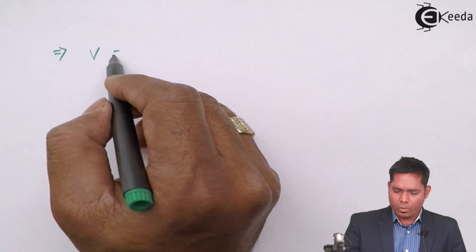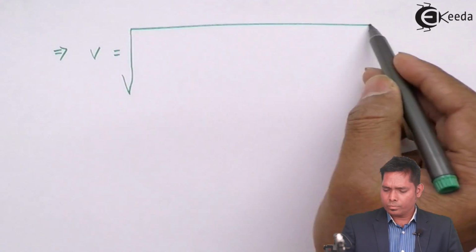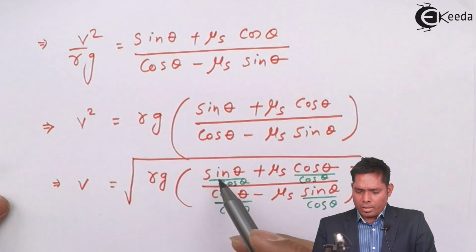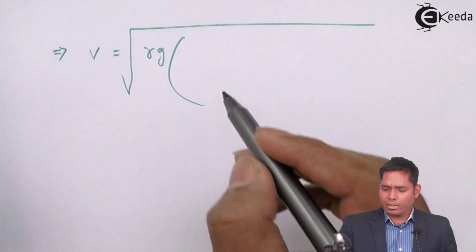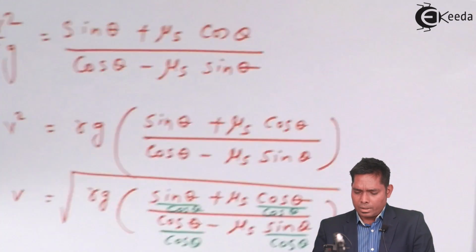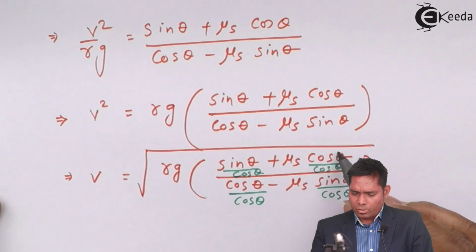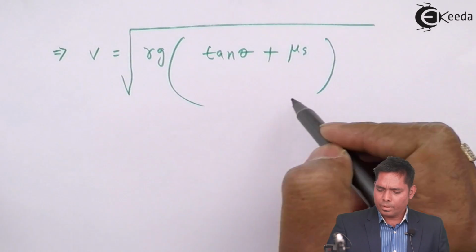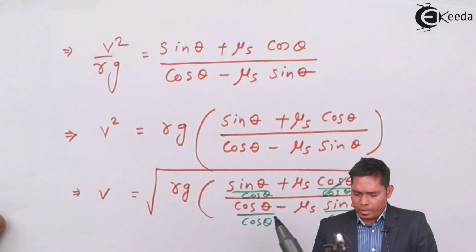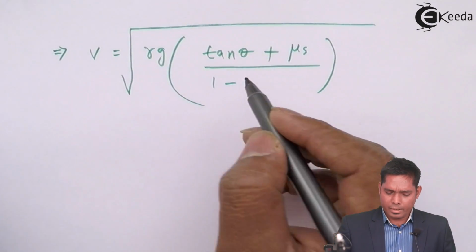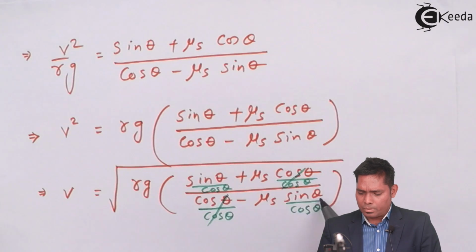So from here I'll get v equals to under root of rg bracket, starting with sin theta upon cos theta, that is tan theta, plus mu s, this cos theta cancels out, only mu s is left, divided by the denominator, this cos theta cancels, 1 is there, minus mu s, and this becomes tan theta.